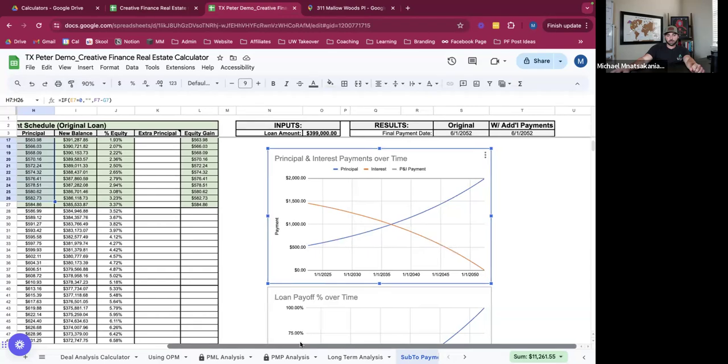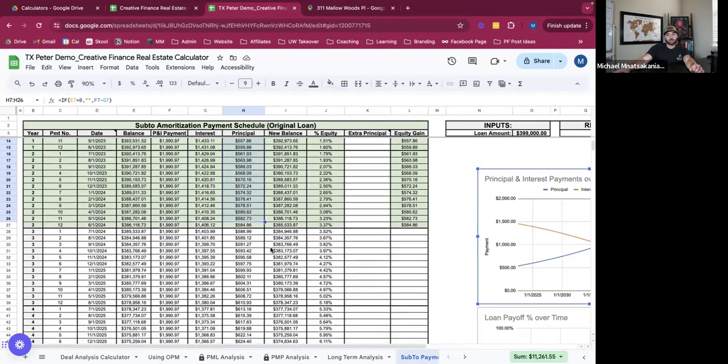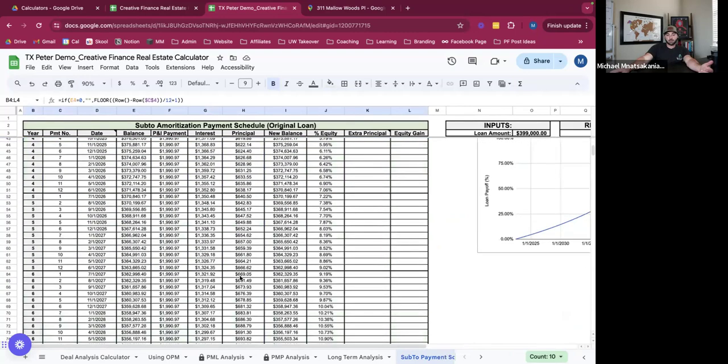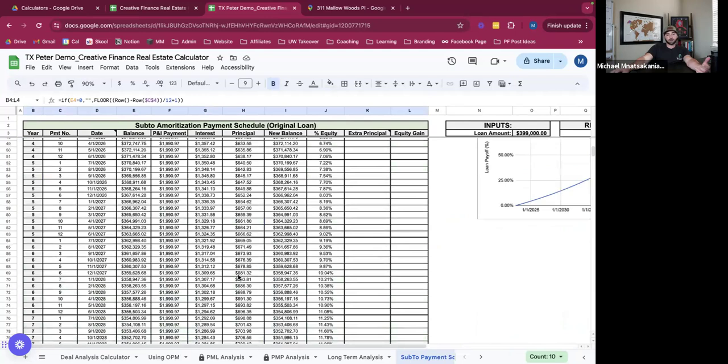All right, so this is good as a reference, but this is really important because unlike a seller finance or a new loan, you're not starting at the beginning of the amortization schedule. You're starting somewhere in the middle. For certain deals, let's say you're starting 3, 4, 5 years in. That actually has a valuable benefit because part of your return on investment isn't just the cash flow you're generating from the property, but also the principal pay down.